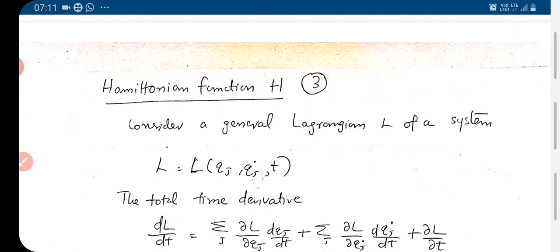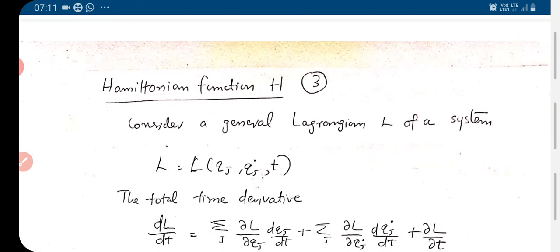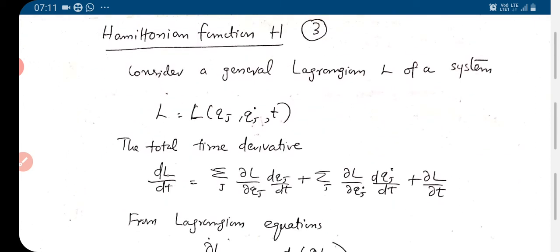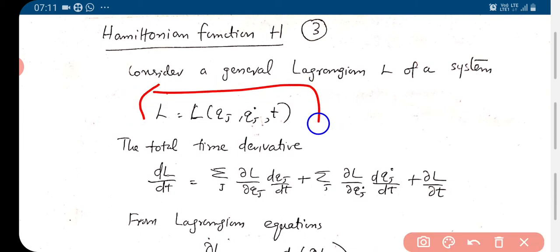Now let's see what the Hamiltonian function H is. We consider the Lagrangian, which is a function of qj, q̇j and time t: the generalized coordinate, generalized velocity and time.